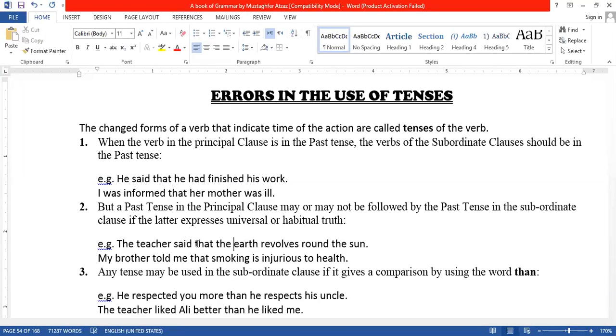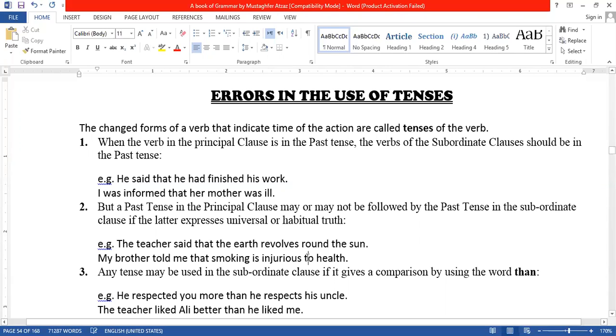Why? Because this clause belongs to the universal truth that I talked about in this rule. Now look at this: my brother told me that smoking is injurious to health. Once again, this is "told", so because of this we should have written past here. But we didn't do it because this is once again something universal.